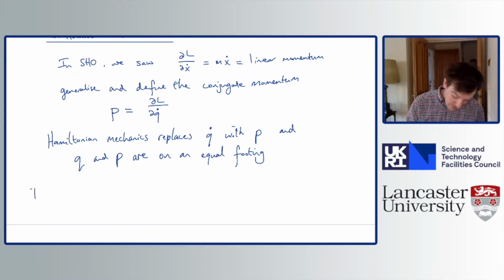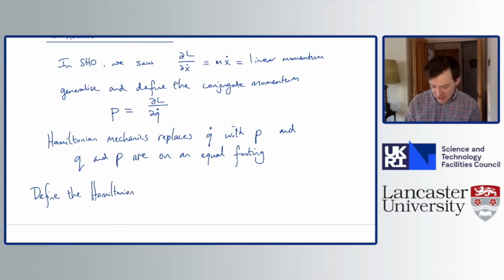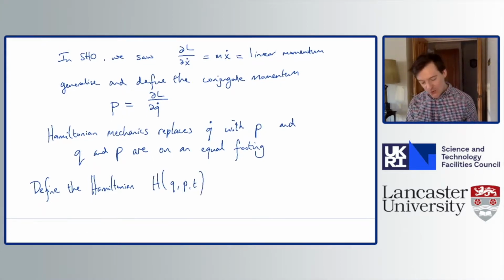So we can define an important quantity, which is the Hamiltonian. The Hamiltonian can always be constructed in the following way. It's a function of q and P, and we'll also put in the time. In general, q and P can both depend on time in some way.